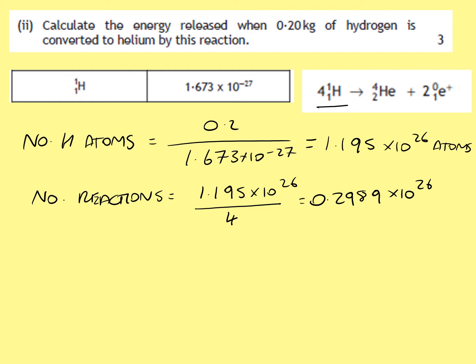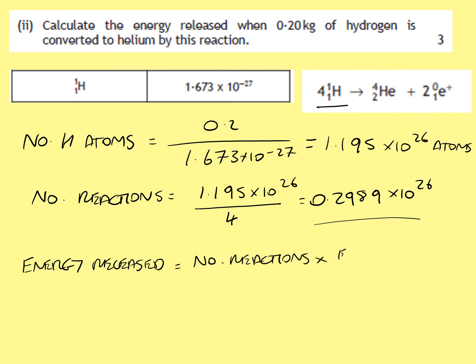So we know we get this number of reactions. We also know the energy released during each reaction. So that means energy released is equal to the number of reactions multiplied by the energy per reaction.